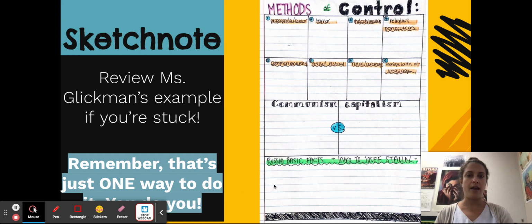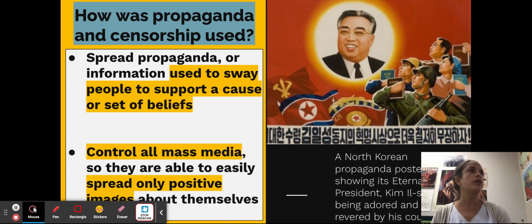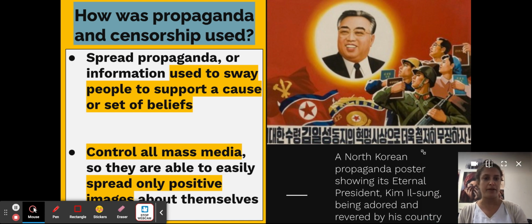Let's move on, and we are going to be in the first box here of methods of control, and I'm going to break some of those down for us. The first one we are going to look at is how was propaganda and censorship used? So if we look here to the right, we see a picture of, let me just move because I can't see my own notes.